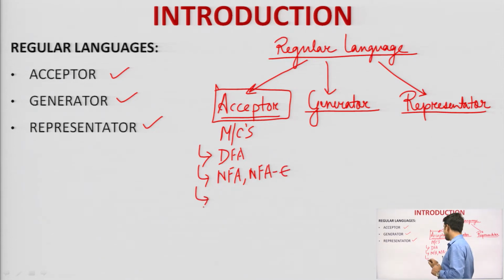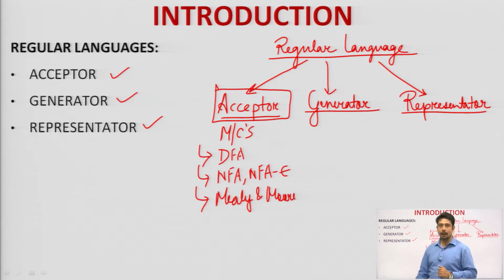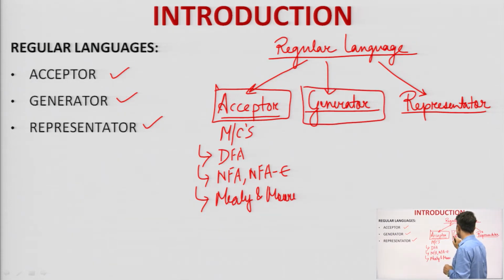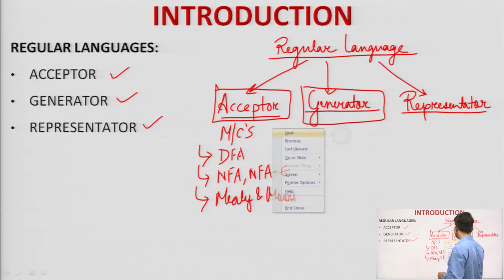Then we have seen Mealy and Moore machines as of now. Later on we will discuss pushdown automata, linear bounded automata and Turing machine. These are all machines which are nothing but acceptors. Why? They accept those languages on the basis of another part known as the generator, which generates the strings, and the generator can be done by the grammar.